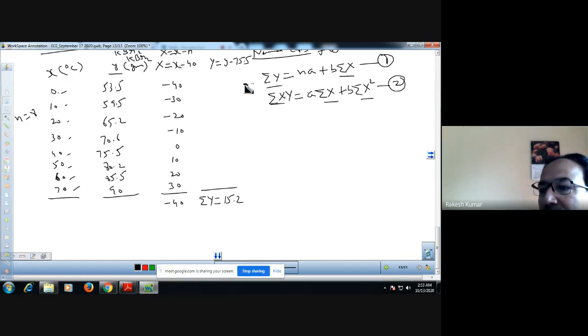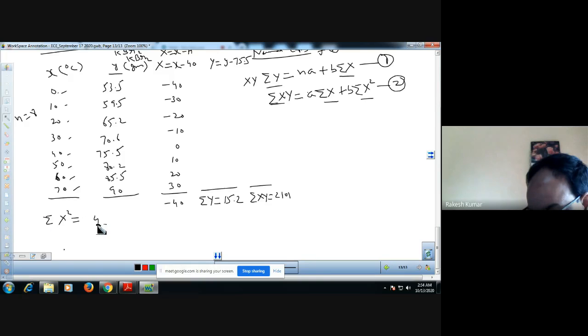Similarly, you will be able to find xy, and sigma xy will come out to be 2101. Then a new column for x square, and its total is sigma x square.